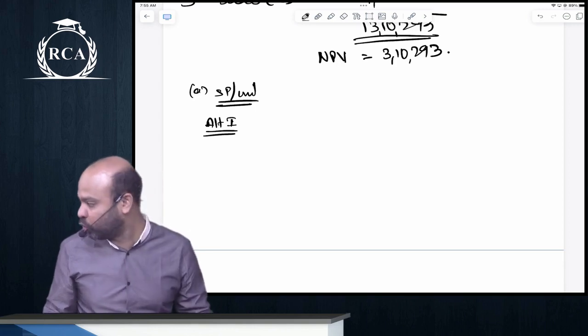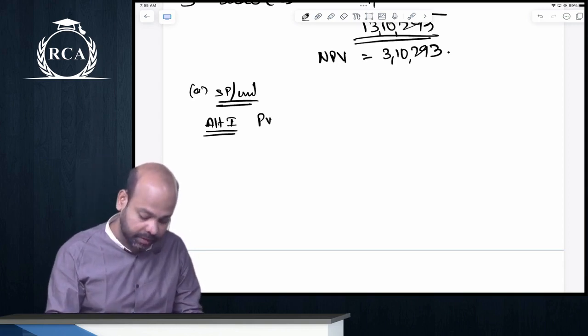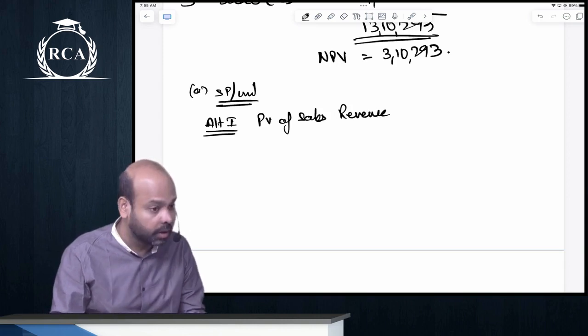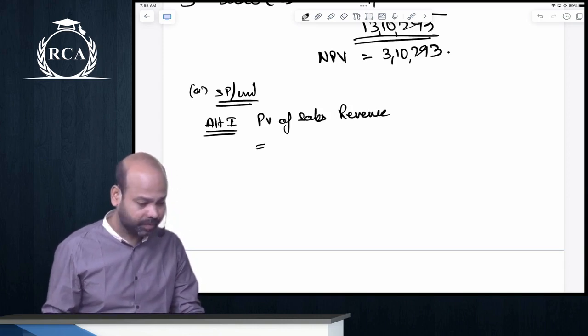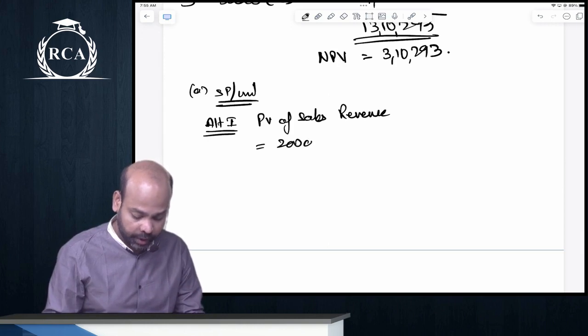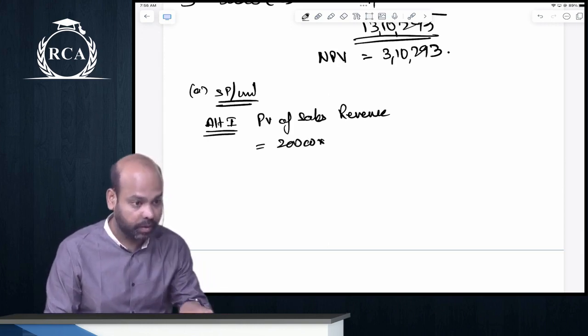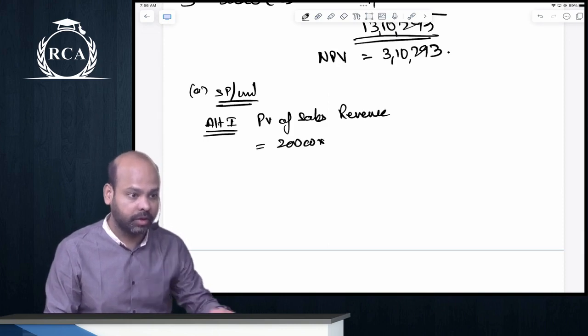See guys, there are two ways of doing this. First is present value of sales revenue, beta. Present value of sales revenue, nothing else. And this would be 20,000 units into 60. Selling price is 60, not 40, beta.